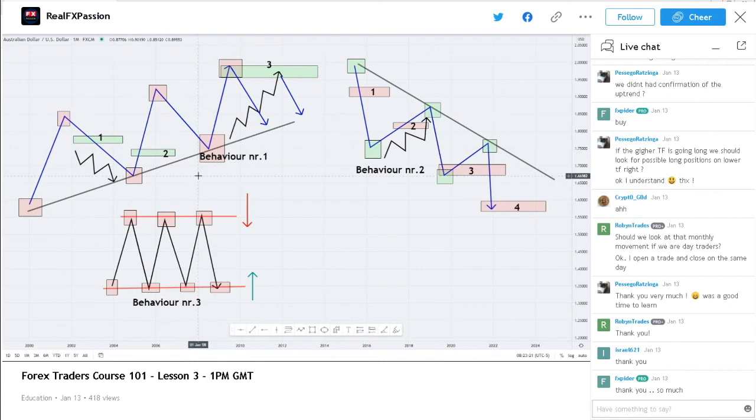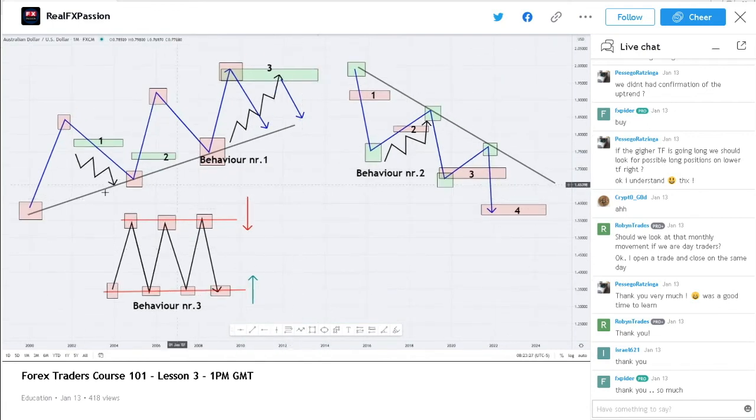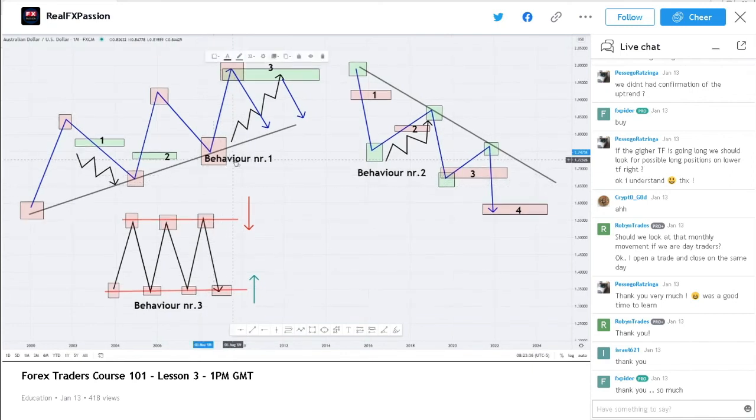Robin says, put the stop loss beyond the trend line. Yes, absolutely right, everybody. So, homework: try to enter on a demo account. You are going to be sick and tired of me saying demo account.